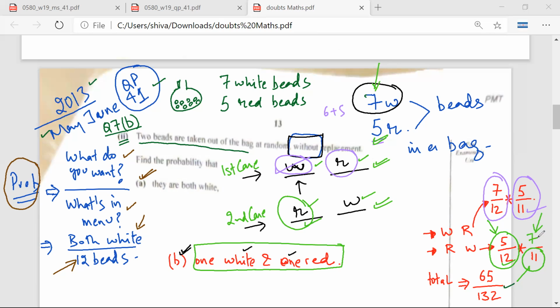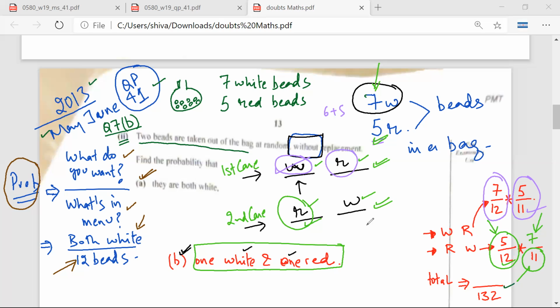Any doubt? Sir, is there any doubt? No, sir. So my answer should be 35 by 132. There is a correction which is required here.